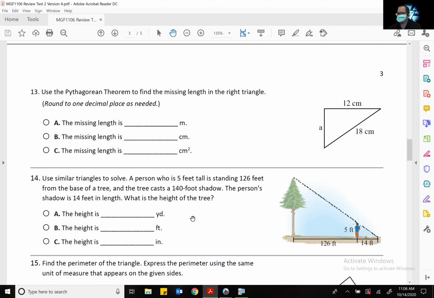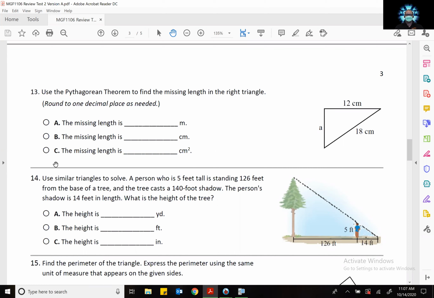Now, real quick, we know which one of these we should select right away just based on the labels. So this answer kind of comes in two forms. One, we got to figure out the length, and then two, you got to make sure that you select the correct label. Everything over here on this diagram is centimeters.